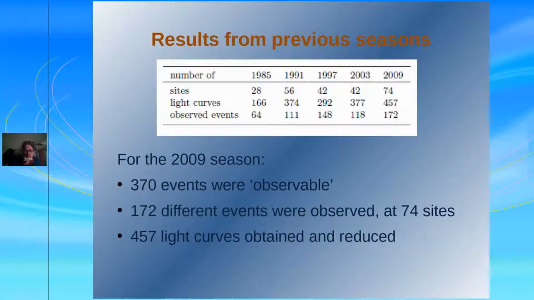In the 2009 season, the last season, there were 370 observable events, of which 172 were observed. That's almost 50%. Next slide.